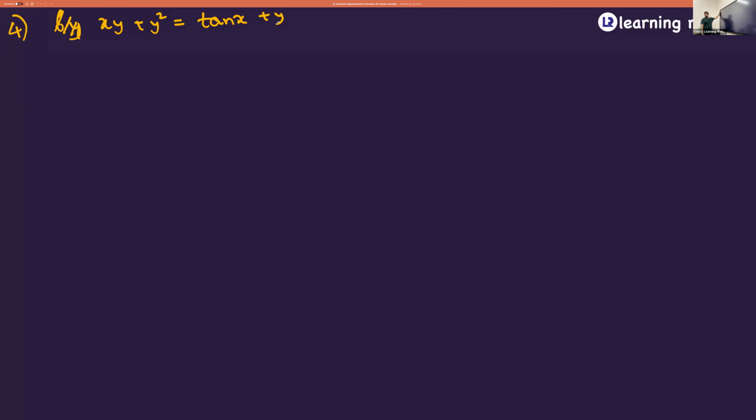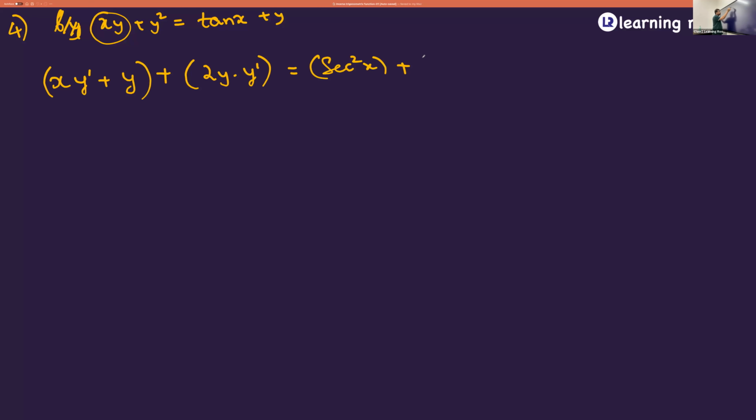So how to solve this? This is uv. So how will you write? X into y dash plus y into the derivative of x, which is 1. So x into y dash plus y, plus what is the derivative of y squared? 2y into y dash, is equal to the derivative of tan, secant squared of (x plus y) into (1 plus y dash).